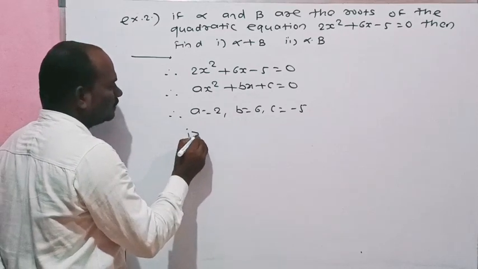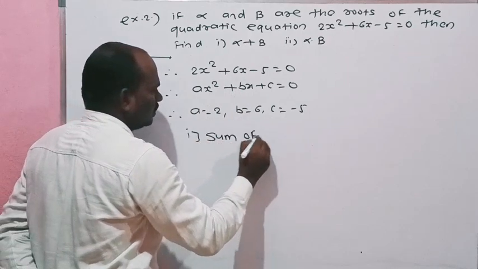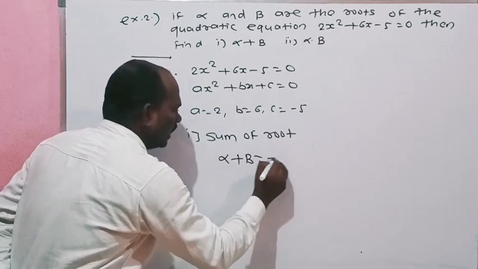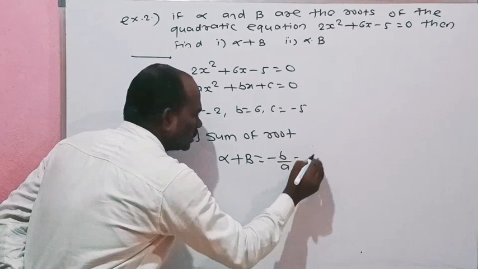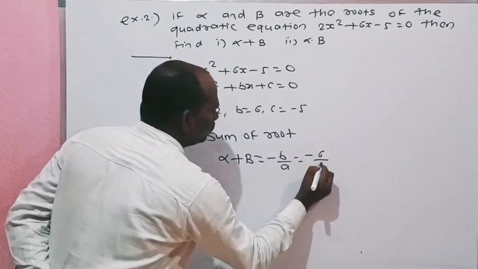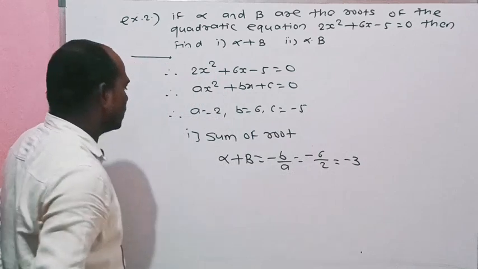Now first the sum of roots: alpha plus beta is equal to minus b by a, that is minus b is 6, a is 2, minus 3, that is 2 threes are 6.